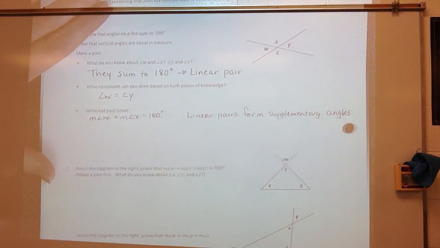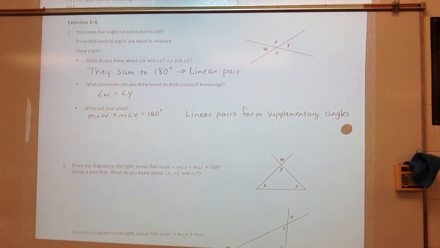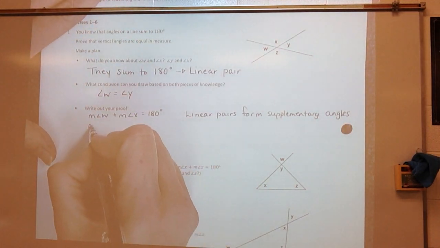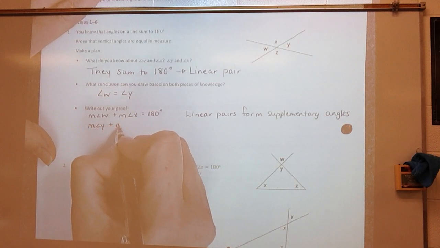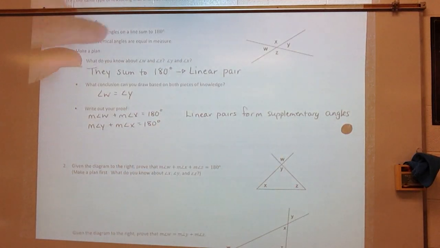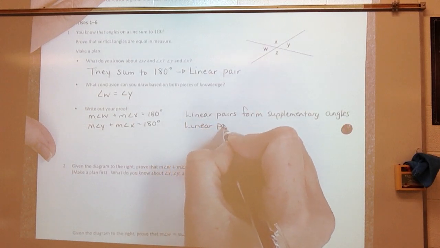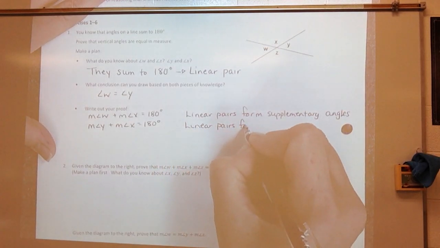Okay? What other piece of information did we learn up here? We learned that the measure of angle Y plus the measure of angle X was 180 degrees. Why? Because linear pairs form supplementary angles.